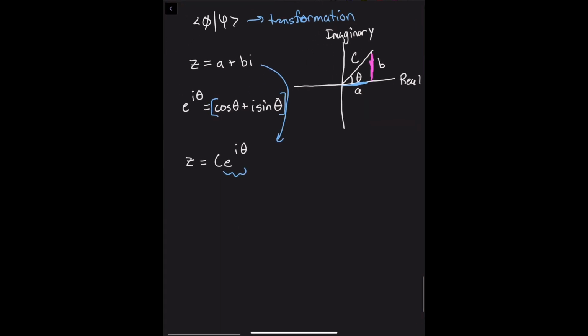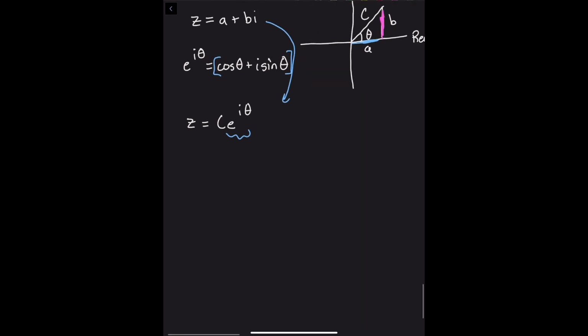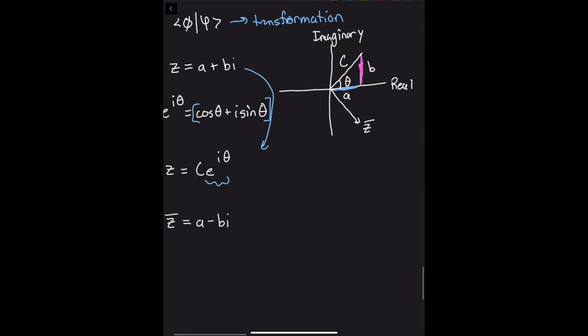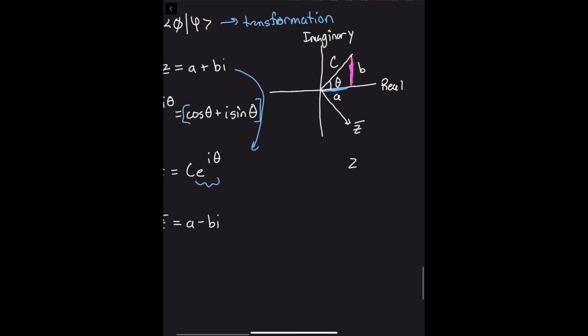So you can see the parallels geometrically there. There's also something called the complex conjugate, which is just if we subtract the imaginary part. So our complex conjugate lives down here. This is z conjugate. I think also it sometimes looks like this. Not totally sure about that.